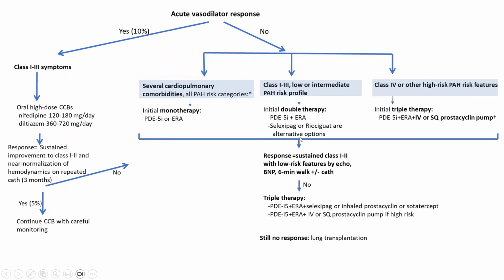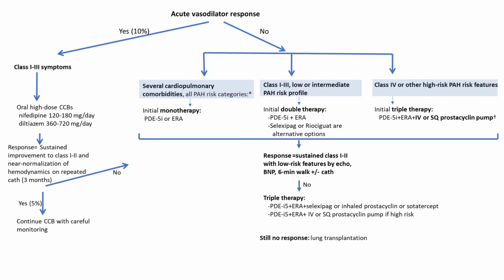If they do not achieve a sustained response into low risk, then we upgrade to triple therapy, typically with the addition of some sort of prostacyclin. Now, for high-risk patients, including NYHA class 4 or other high-risk features, we start triple therapy, which includes in those patients definitely an IV or sub-Q prostacyclin.